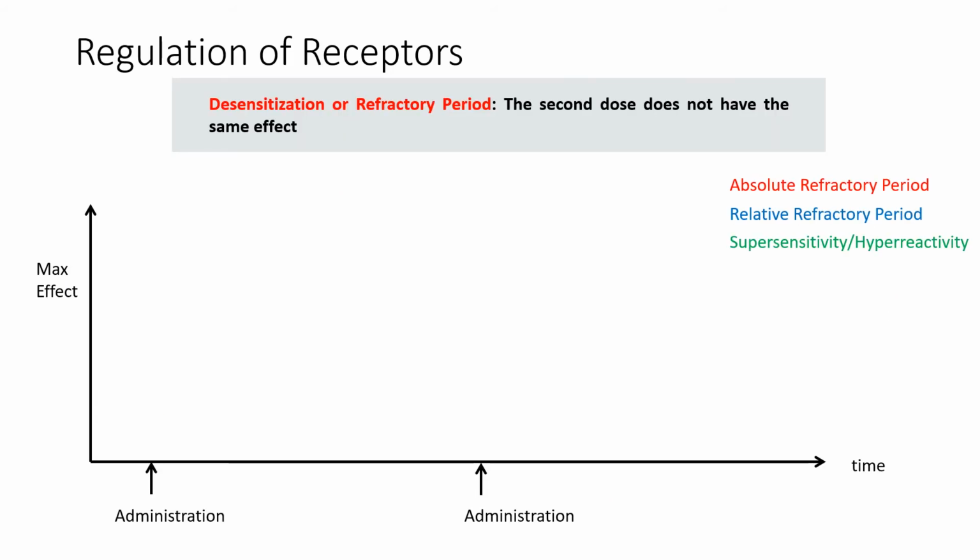So I'm going to talk about the regulation of receptors in terms of desensitization and refractory periods, where the second dose does not always have the same effect as the first dose.